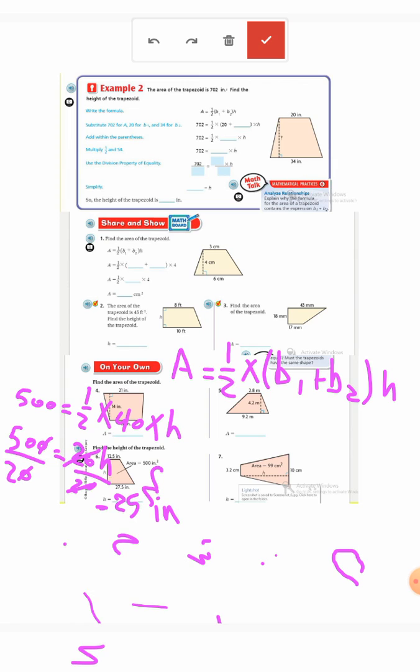Again, he asked me in number 7 about the height. The area is 99 equals half B1 plus B2 equals 13.2 multiply height. 13.2 divide 2 gives me 7.6.